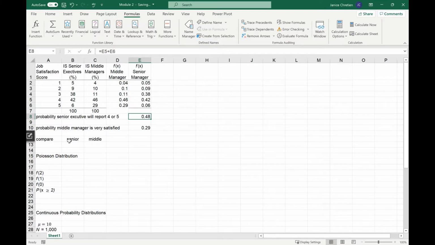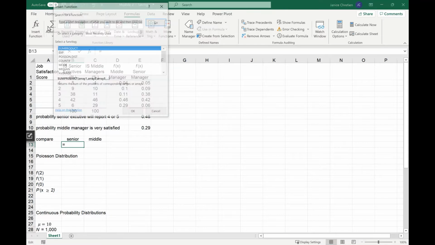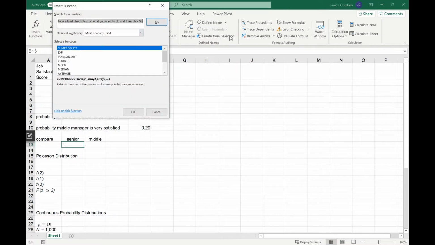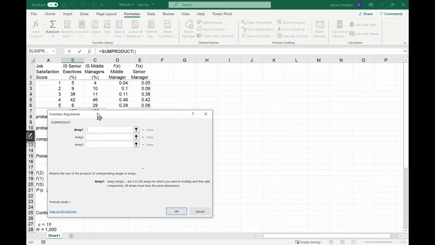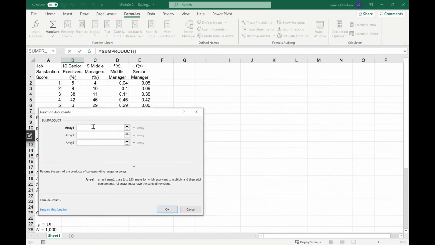Then it asks us to compare a senior manager and a middle manager to determine who is the most satisfied. So to do that, I'm going to use the function SUMPRODUCT. And my array 1 is going to be A2 to A6.